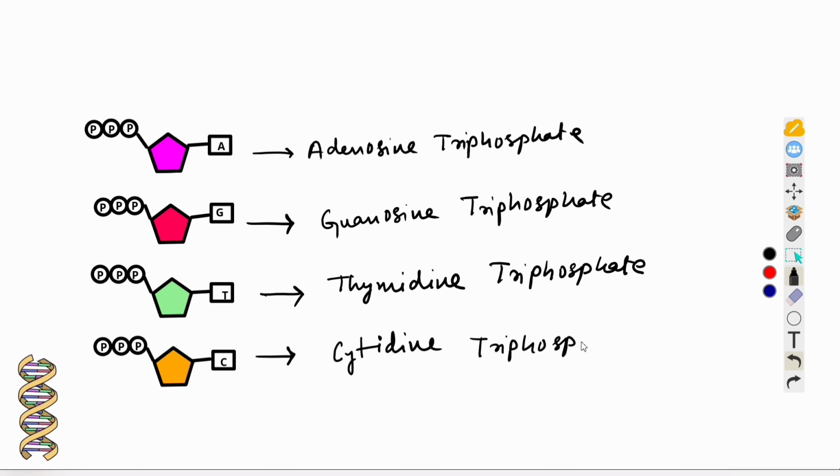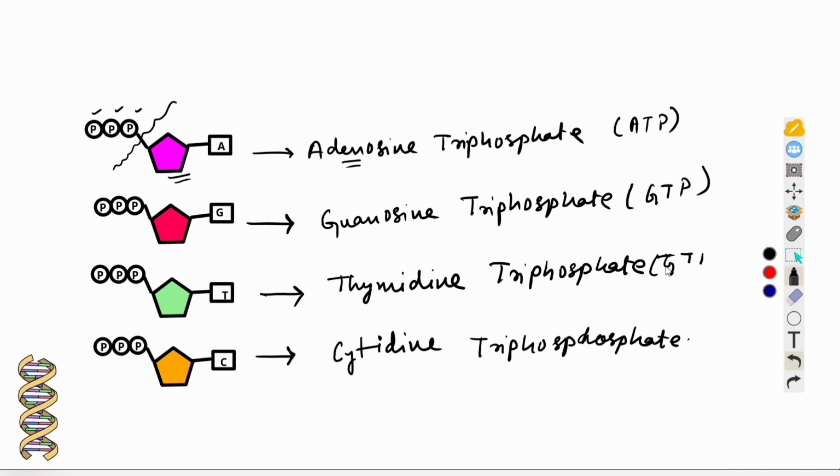Now, see, this is adenosine, and as triphosphate is added to the molecule, it is known as adenosine triphosphate, that is ATP. Similarly, this is GTP. This is thymidine triphosphate (TTP), and this is cytidine triphosphate.